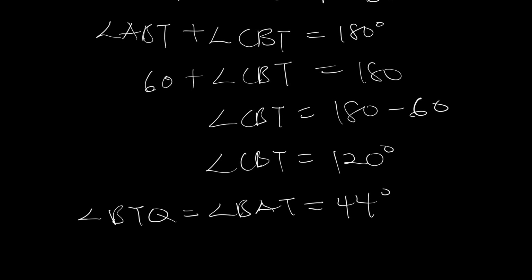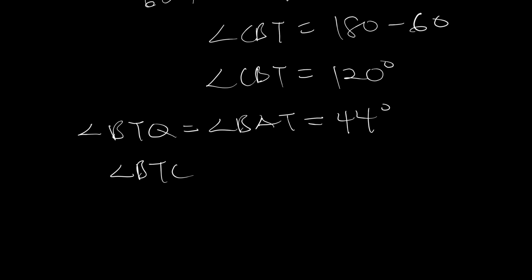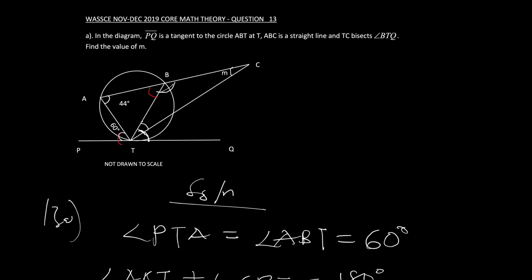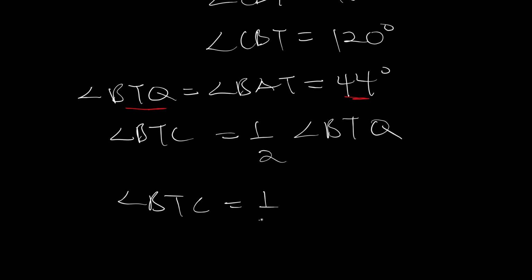So we can say that angle BTC, just this side, is half of angle BTQ. So angle BTC is equal to 1 over 2 angle BTQ. Now we know that angle BTQ is 44, so angle BTC is equal to half times 44, and half of 44 is 22.